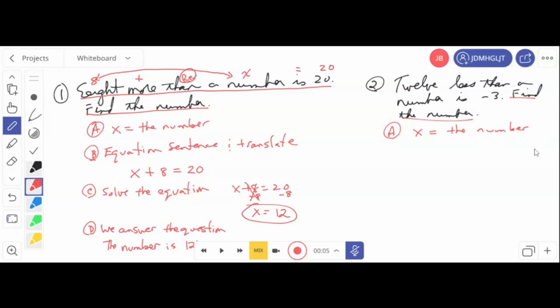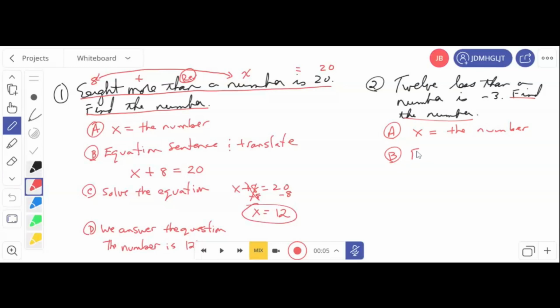So we do need to determine what the variable is. Again, we're learning the process, so bear with me and do the steps the way I'm showing you, so that when we get to the other problems that are harder, you will have learned the process.